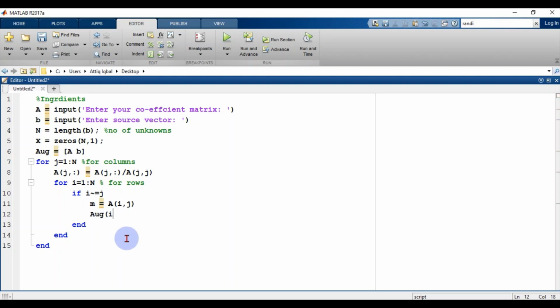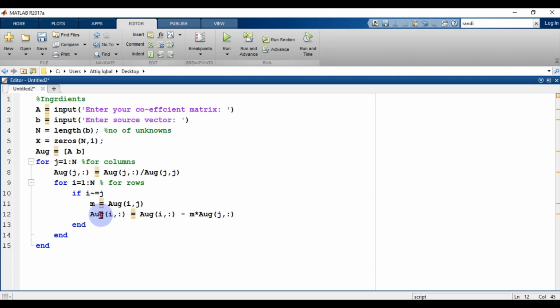So the ith row of my augmented matrix, here I should write AUG, will be updated as the augmented matrix ith row, subtract multiplier times the augmented matrix pivot row. The pivot row is basically the fixed column.